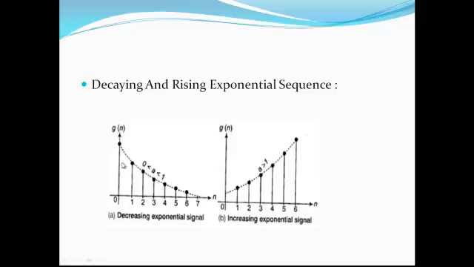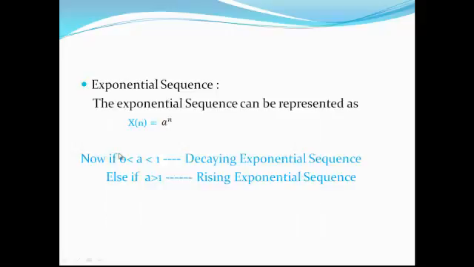Obviously, with the increase of n, the value of x(n) will decrease, because x(n) is equal to a raised to the power n, and a is less than 1, between 0 and 1. So with the increase of n, you will get a decreasing exponential function. Fine.